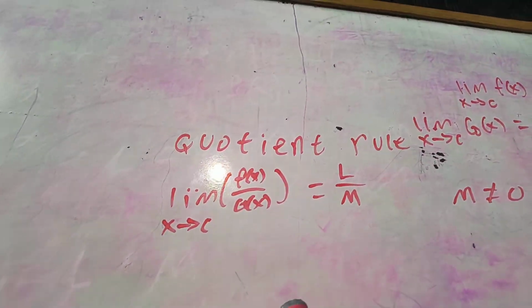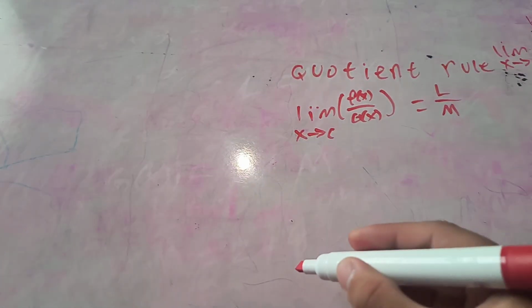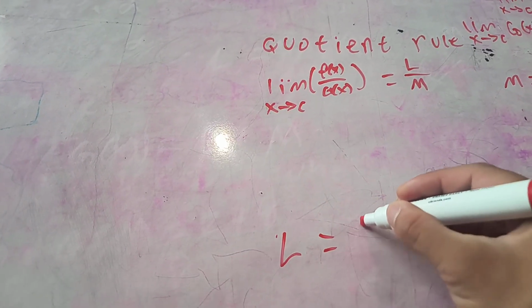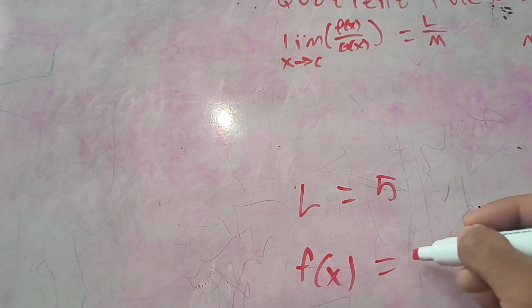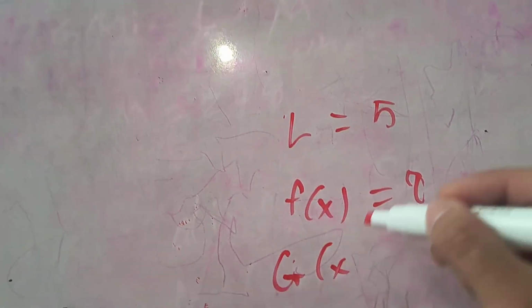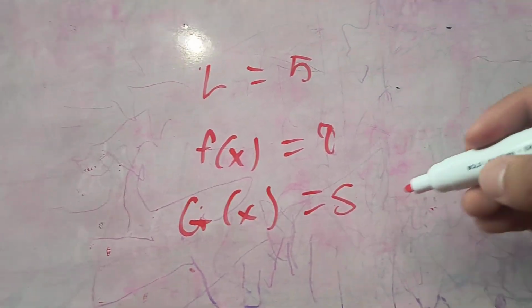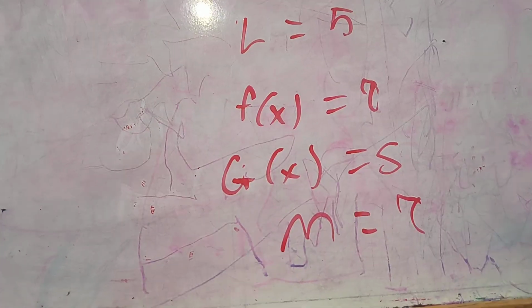But it's basically saying that whenever you take the limit of f of x, L could be 5, and f of x at the point could be 7, and g of x could be 8, and m could be 7. I don't know, it doesn't matter.